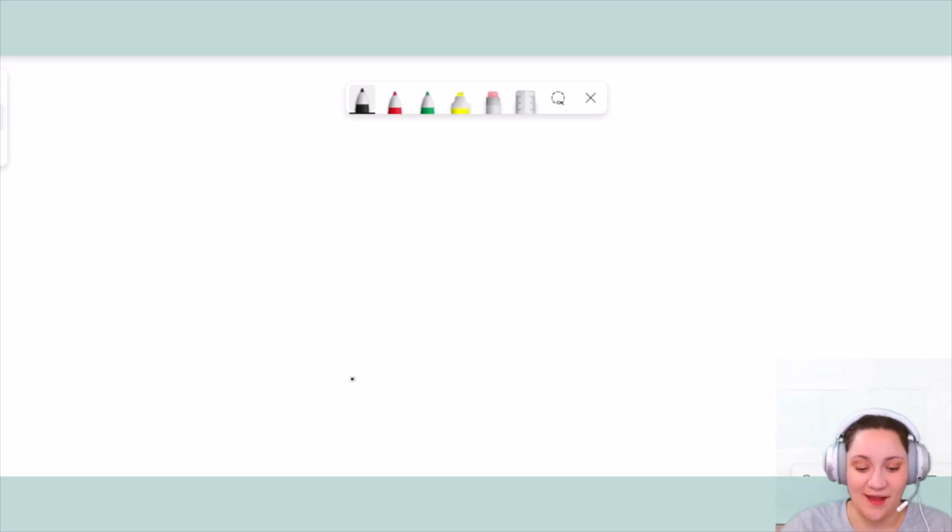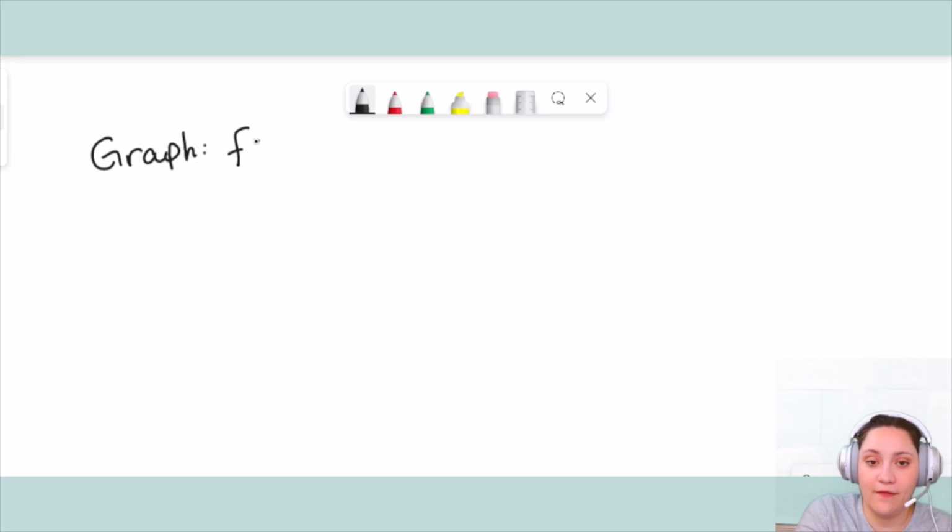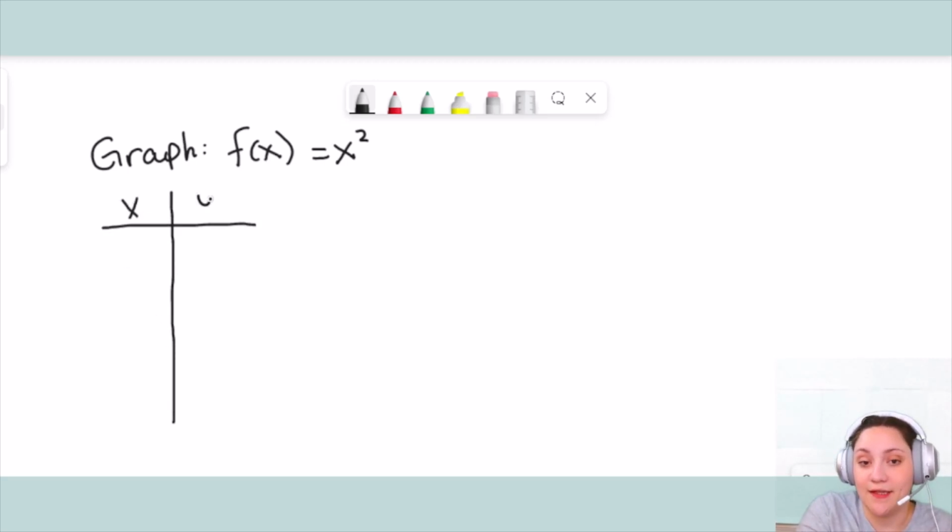We can graph anything with a table, right? So let's say that we want to graph this function. We want to graph f of x is equal to x squared. So remember, when we're making a table, in order to make a good table, we need to have some positive values and some negative values.